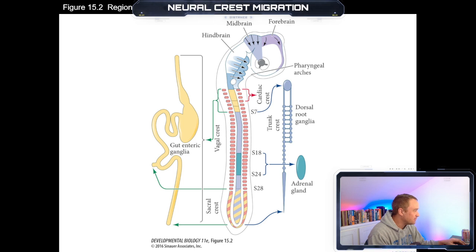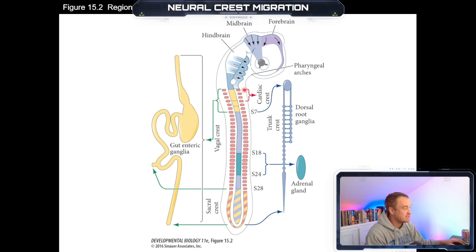Let's see, where am I here? The cardiac neural crest arises near somites 1 through 3 at the very top here. So you can see that. They're critical for making the division between the aorta and the pulmonary artery.